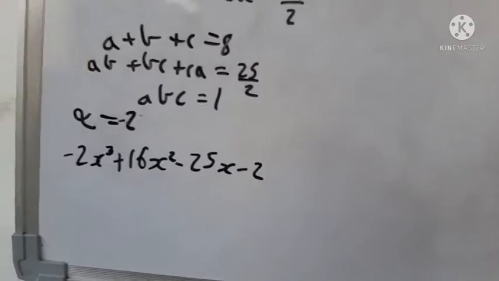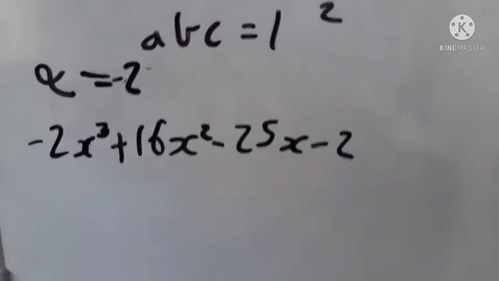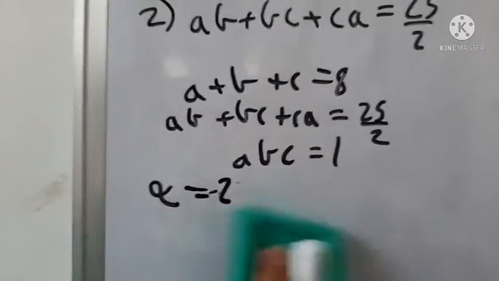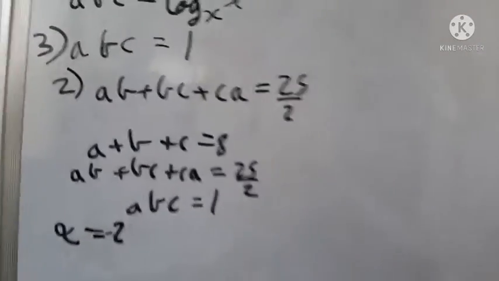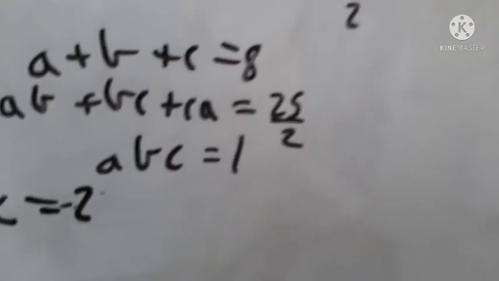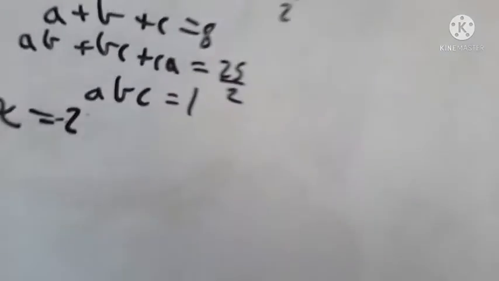Now wait, I just realized I've created a massive ambiguity here. Let's use another variable. This is not the right variable, because x is already in use. You know what?